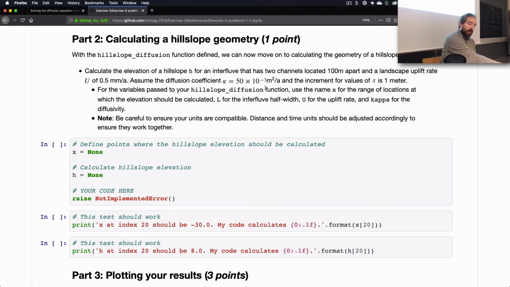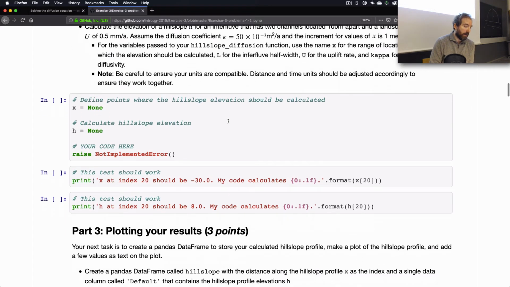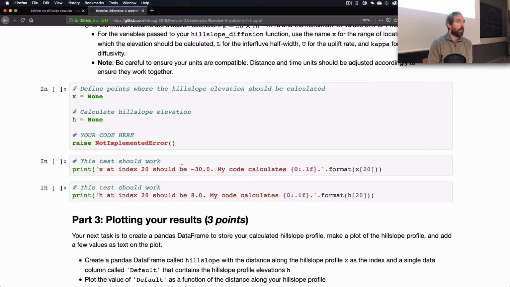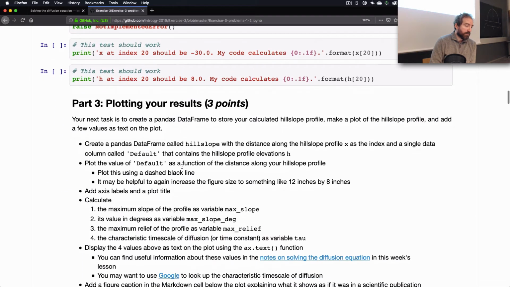We give you basically the distance between the 2 rivers, uplift rate, and diffusivity, and your job is to then calculate a hillslope profile with those values. That should be relatively straightforward. If you've defined the equation above, you basically just use that function. And again, there are a couple tests here that show whether or not you've done that correctly.